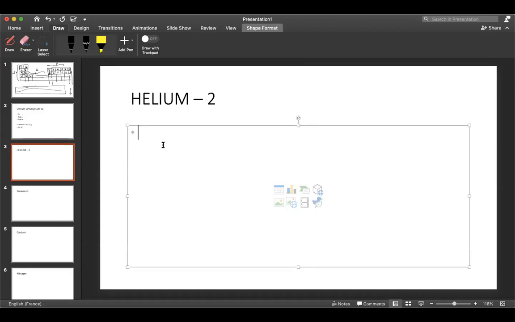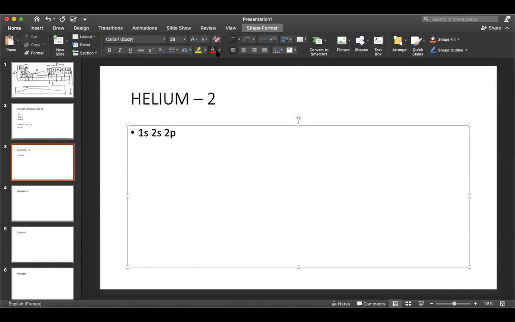So the electron configuration for helium is 1s, 2s, 2p. How many electrons are occupied by the s orbital? 2 electrons. So there are 2 electrons occupied by the s orbital.